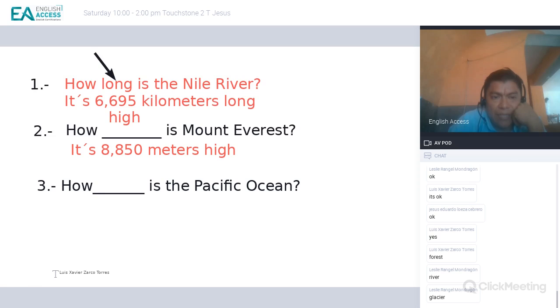There you go. It's 8,850 meters high. That's right.